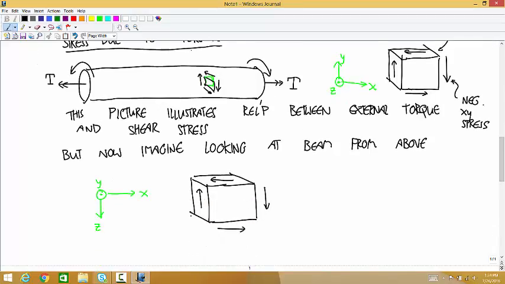So what is it here? Well, this is the positive X face again. But now that stress is acting in the positive Z direction. So that's a positive XZ stress.